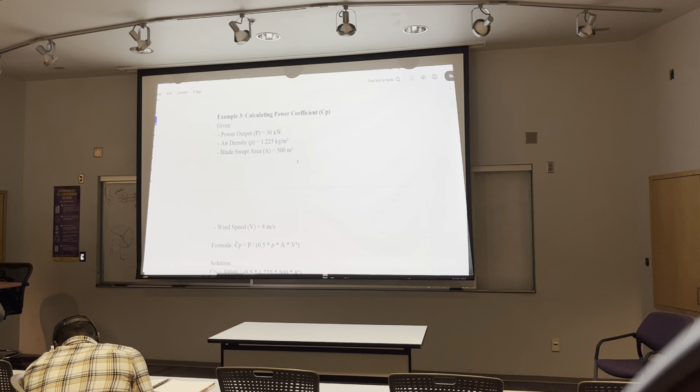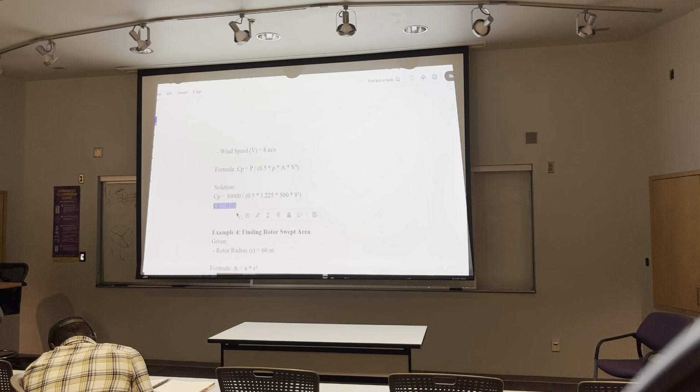So Cp equals P divided by 0.5 rho A V cubed. Power from the formula, 0.5, this is rho, area, velocity, and this to the power 3. So Cp is 0.45.